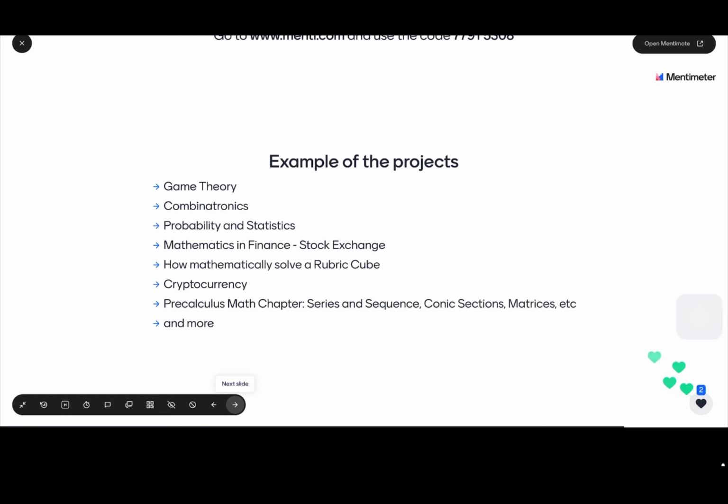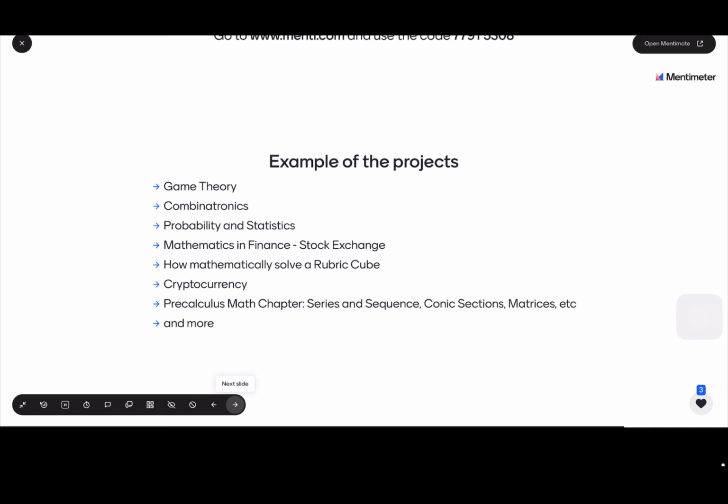Okay, it's up to you. And you can also look at maybe combinatorics, statistics, or maybe finance, maybe stock exchange. So I hope you could do this with a more interesting topic that you think, okay, this is relevant and it's fun.